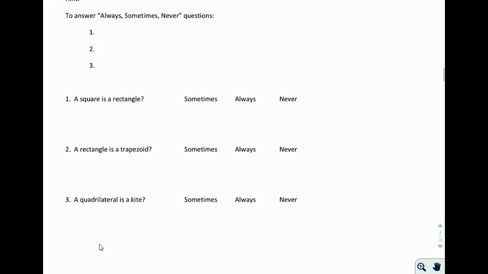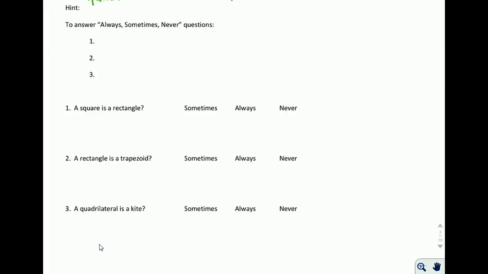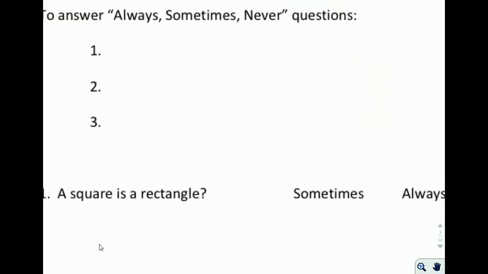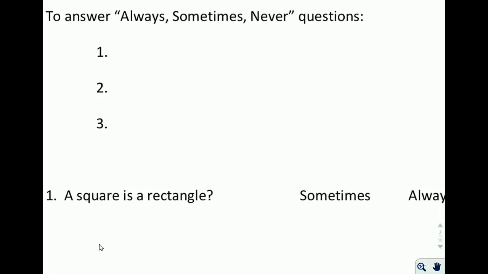Now another type of problem that we're going to run into is sometimes, always, or never. One of the hints that I always like to think about for sometimes, always, never questions is try to prove that it is both possible and yet possible to not be. So look for example and counterexample.